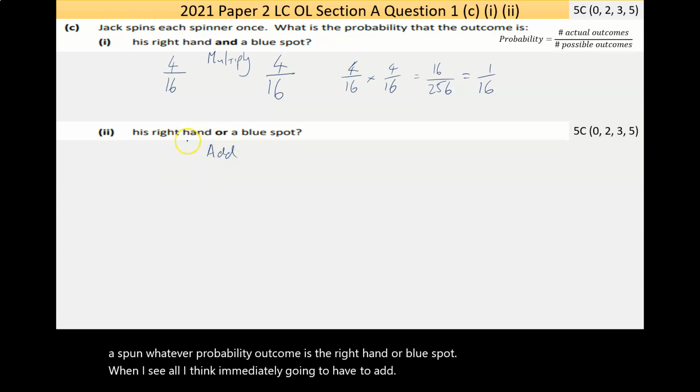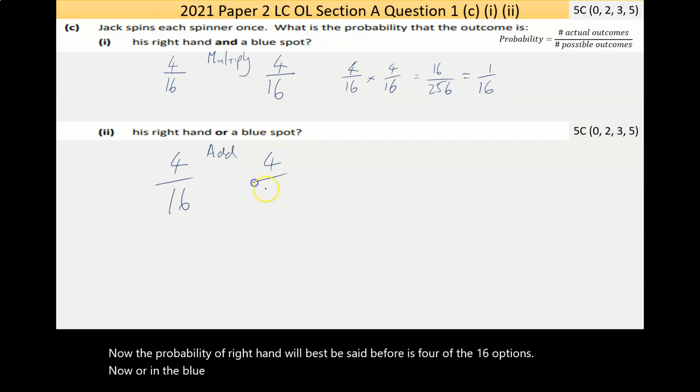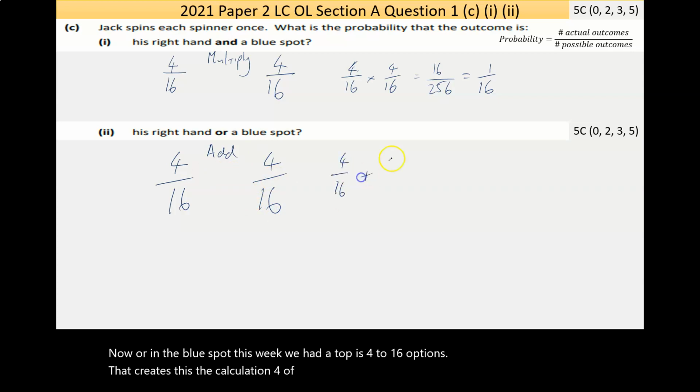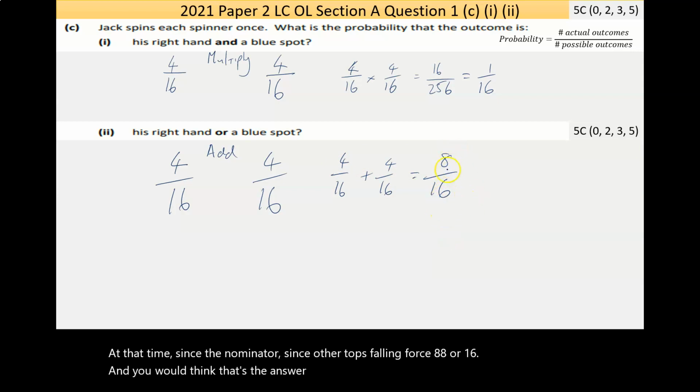The probability of right hand, as we said before, is 4 of the 16 options. Now the blue spot, just like we had at the top, is 4 of 16 options. That creates the calculation 4 of the 16 plus 4 of the 16. Same denominator, so just add the tops, 4 and 4 is 8, 8 of 16. And you would think that's the answer. Maybe you might simplify this to give a half.